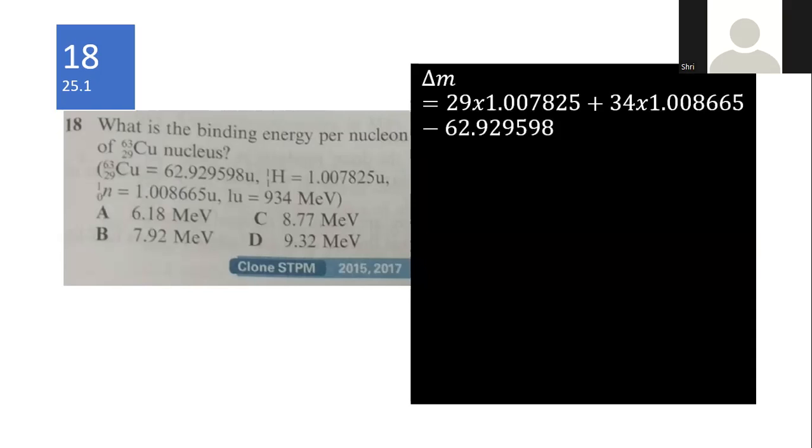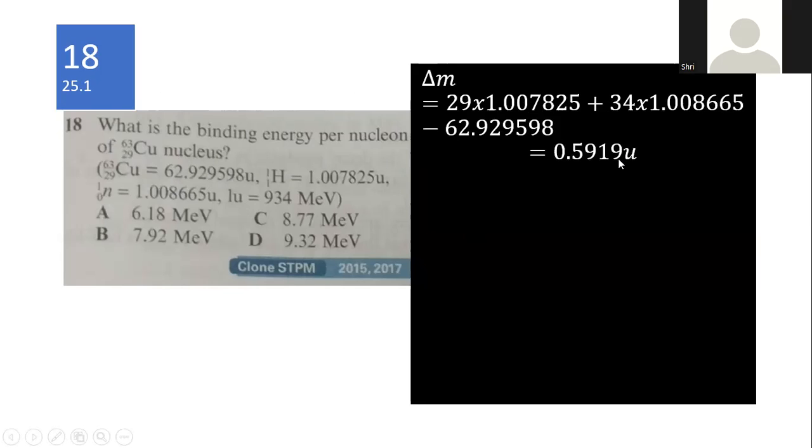Calculate your total mass. You've got 29 hydrogen, so 29 times hydrogen, and then 63 minus 29 is 34 neutrons, mass of neutron, and minus the mass of nucleus.